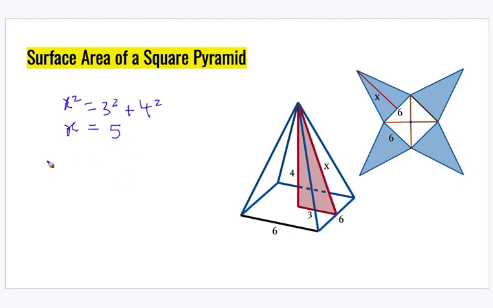So to find the total surface area, we have 4 triangles, half base times height, and height is x, plus the base, which is 6 times 6.